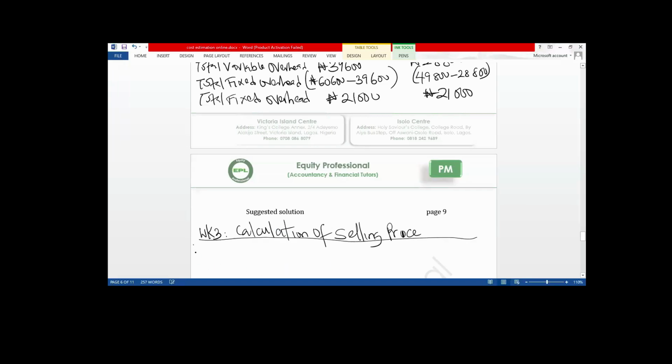You are going to pick all the levels you are given. You have 80%. You have 90%. You have 100%. You have 105. You have 110.